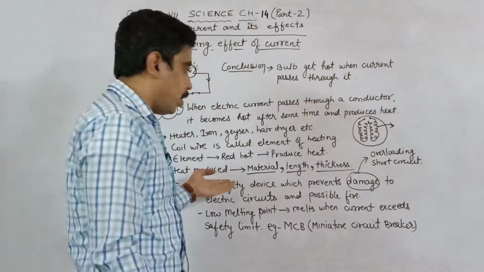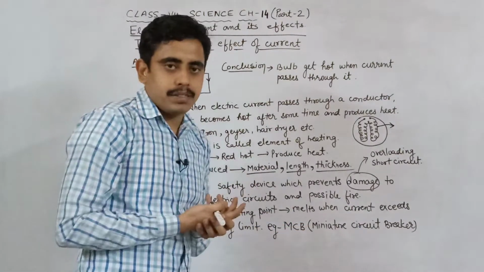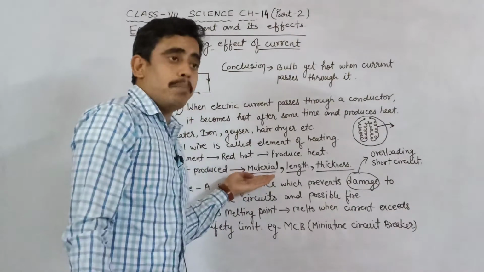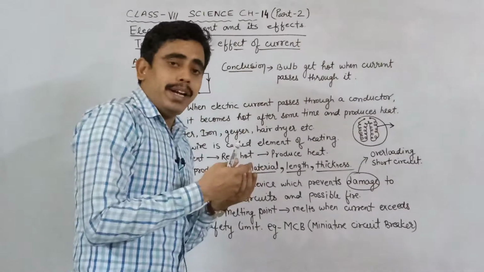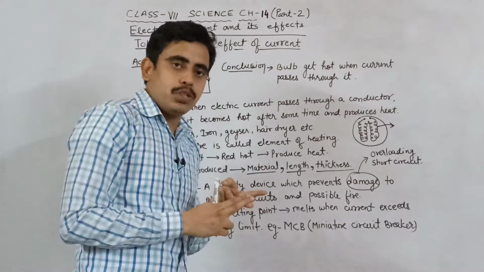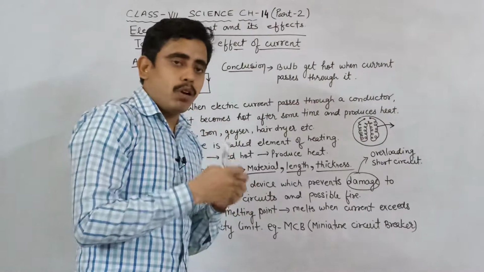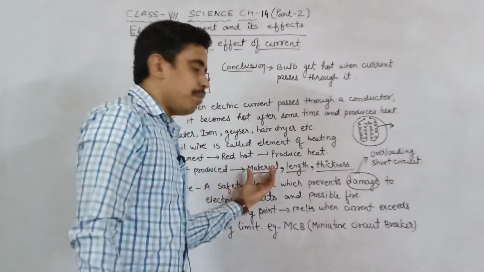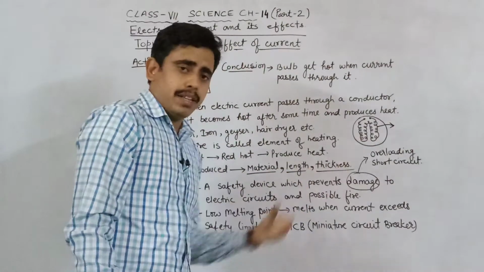The heat produced in a conductor depends on certain things. It depends on the material used to make the coil, whether copper, aluminium, or some other material, and also on the length and the thickness.